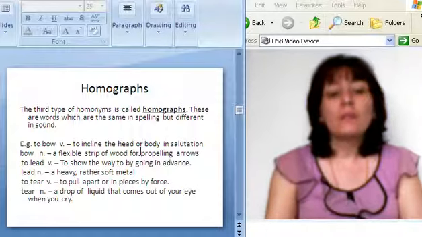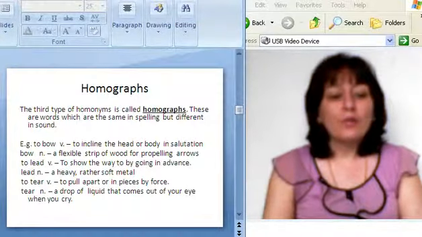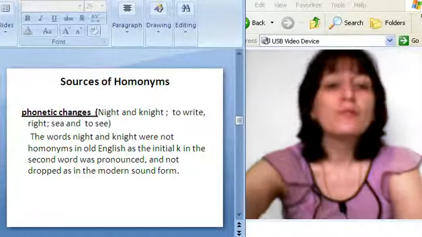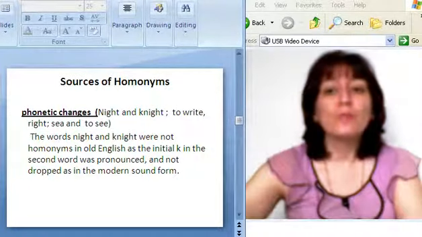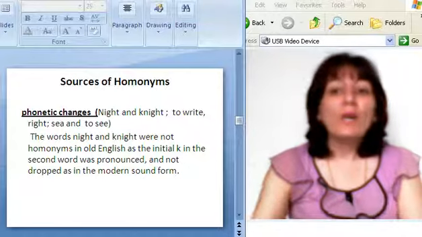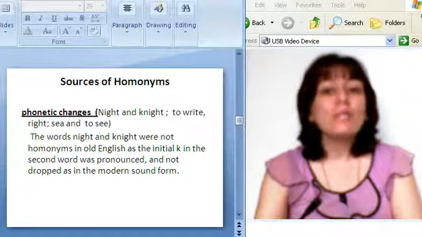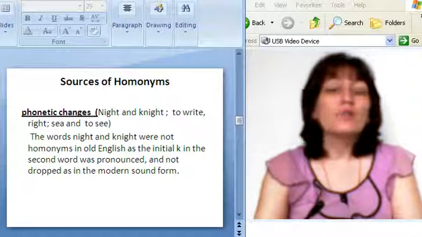And now let us deal with different sources of homonyms. So one source of homonyms has already been mentioned: phonetic changes, which words undergo in the course of their historical development.